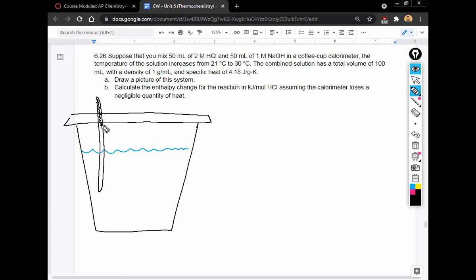So beautiful. It's an incredible drawing. Okay, and then this looks like a piece of poop, but this is going to be my thermometer. Okay, so this is our calorimeter. So draw something similar to this on your paper. We are going to be writing a little bit. So as long as you have some space in there, you're all good.